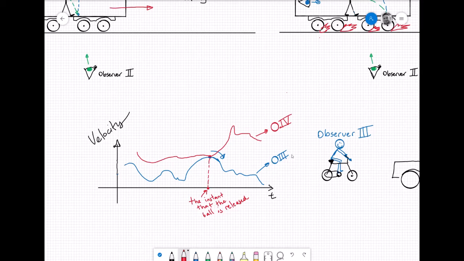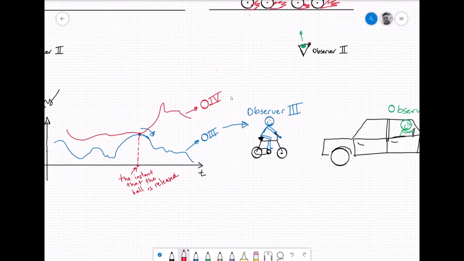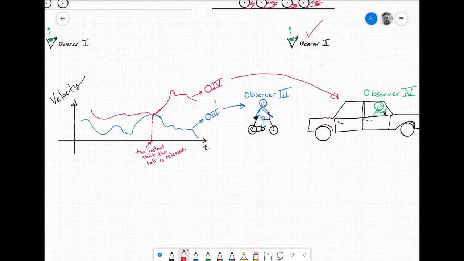The blue one representing the velocity of observer 3, and the red one representing the velocity of observer 4. And let me add the velocity of the train on the graph, and let's assume that at this instant the train starts to brake and the kid releases the ball from his hand.